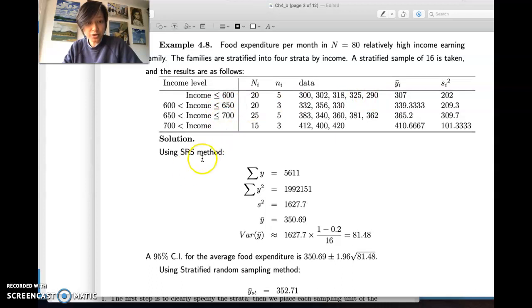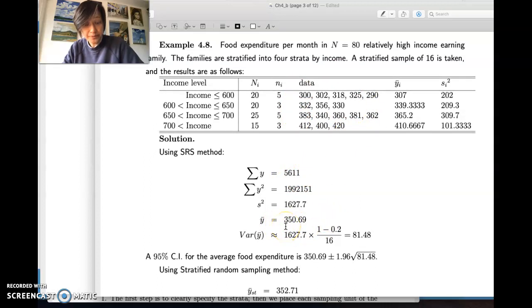Okay, let's compare. If we go back to chapter 3, using an ordinary simple random sampling method, we look at the entire data set. Rather than separating them into strata, we collect 16 data points. So we take the overall data average: 5611, which is the summation of all the data, divided by 16.